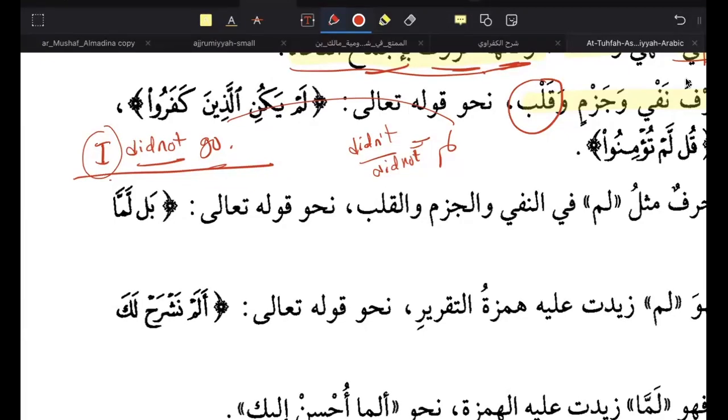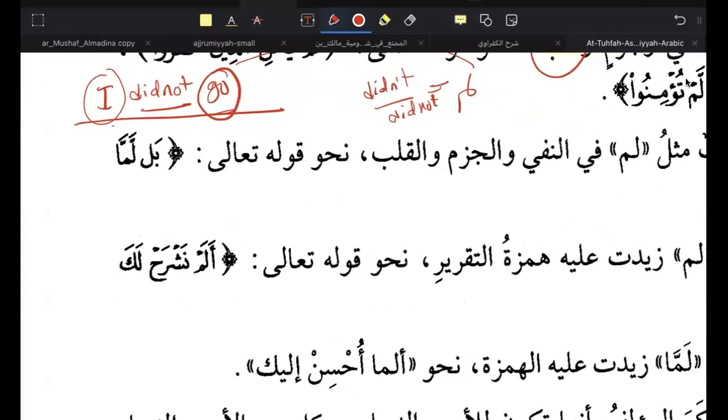But what verb are you using here? Is go past tense or the present tense? Yes, mudari is a present tense. You're not saying went. Went is a past tense. But what are you doing? You're negating an action in the past, which should be a past tense verb, but you're doing it by using a present tense verb, right? This is exactly what the lam does.